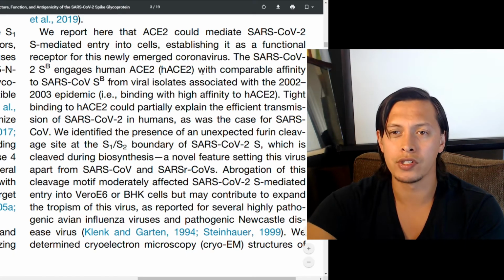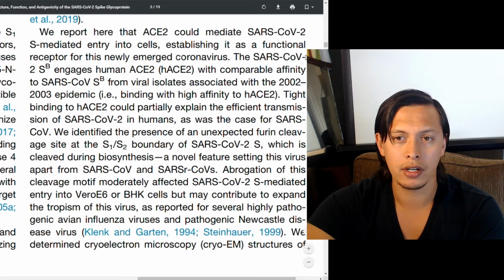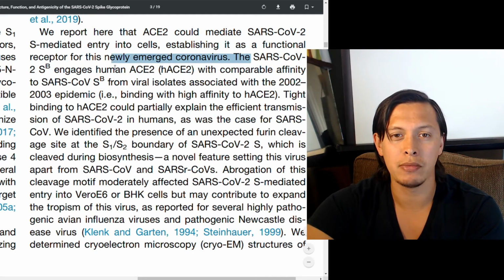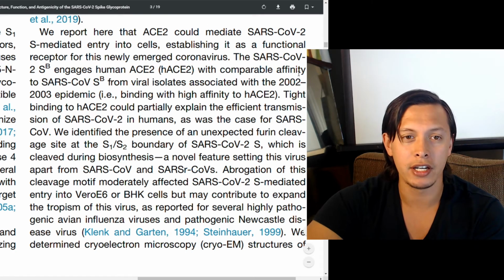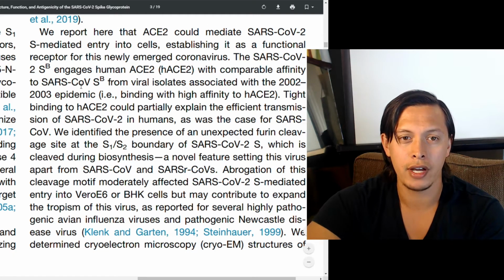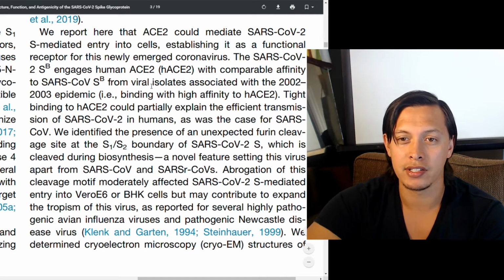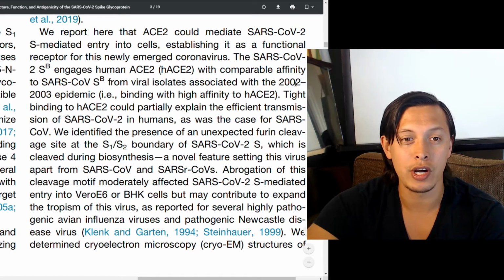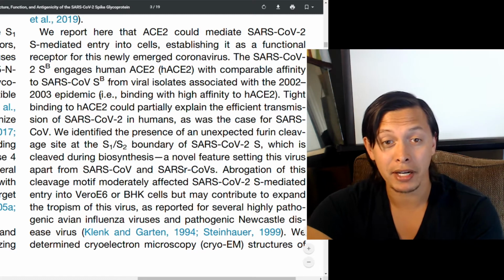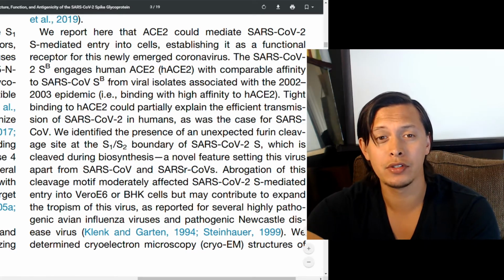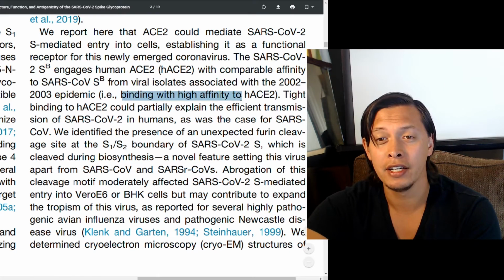So the SARS coronavirus 2 S-B engages human ACE2 with comparable affinity to SARS-CoV S-B from viral isolates associated with the 2002 and 2003 epidemic. So binding with high affinity to human ACE2.